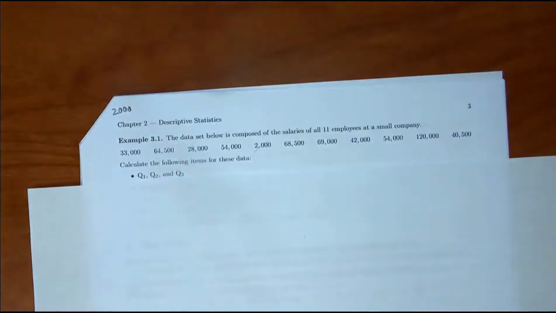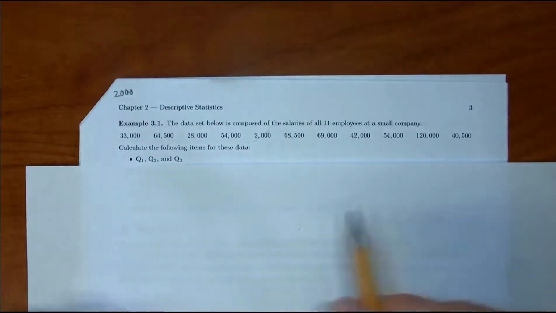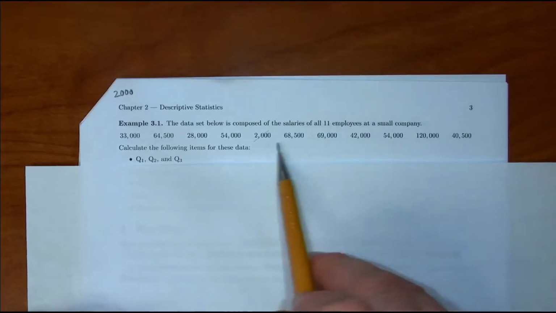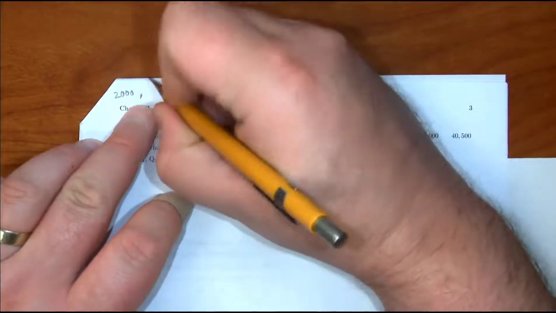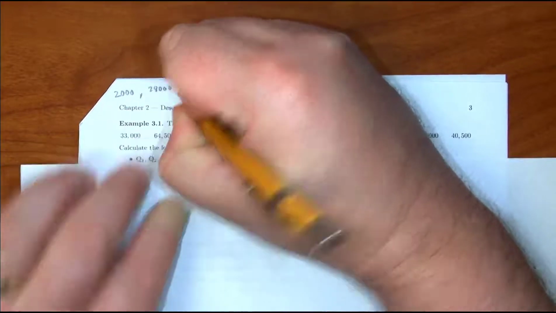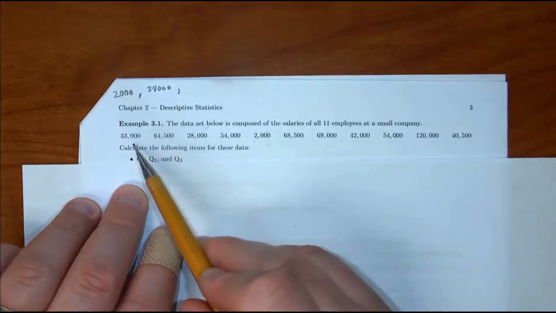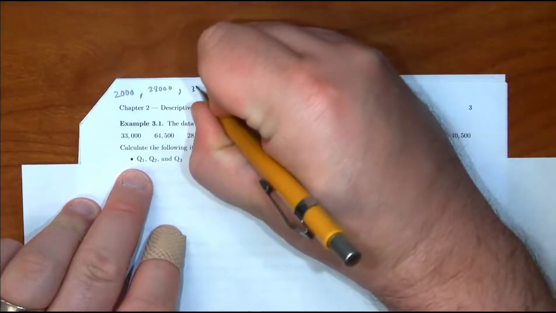Okay, 2,000, that's the smallest one. Now what's the next smallest one? 40, so far, 40, 28. So 28,000. Mark that one off. I think 33,000 is next. So 33,000.